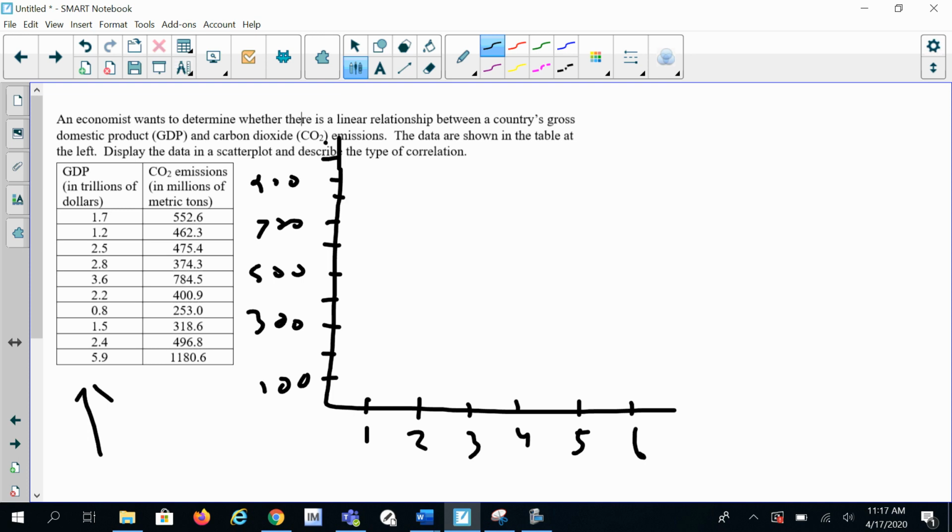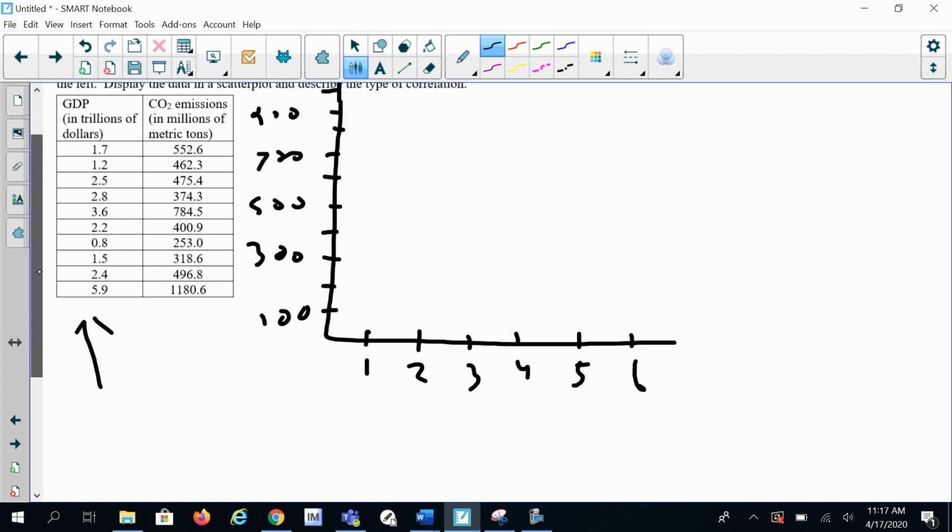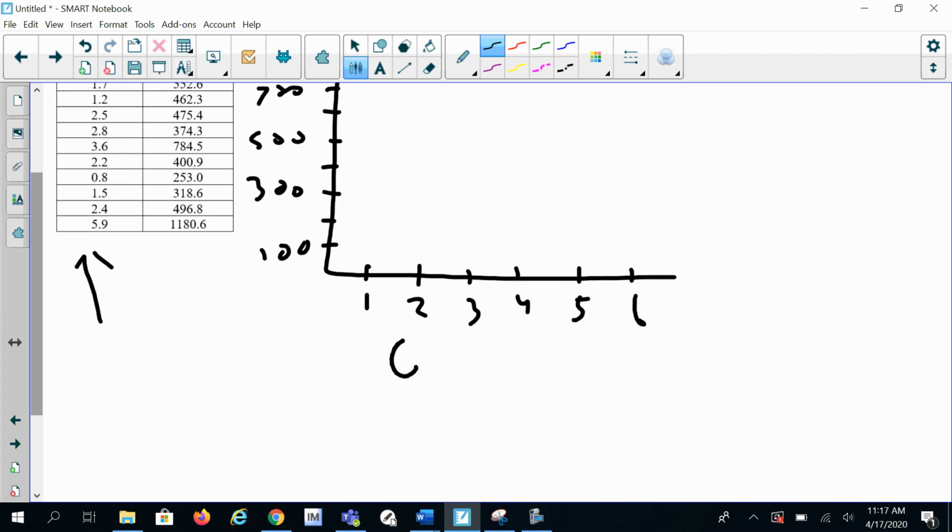Well, it's a little bit of a problem, but it's all right. So next thing I'm going to do before I forget is I'm going to label my axes. So we have GDP as my X, so we'll write that. I'm going to write in trillions of dollars.